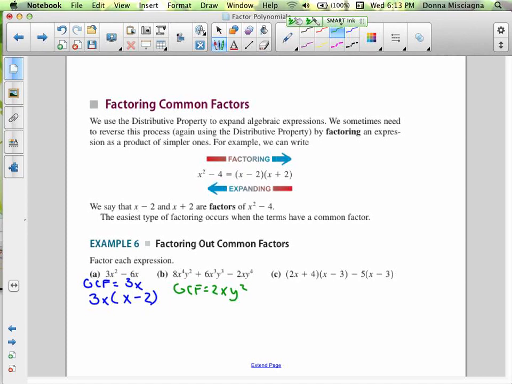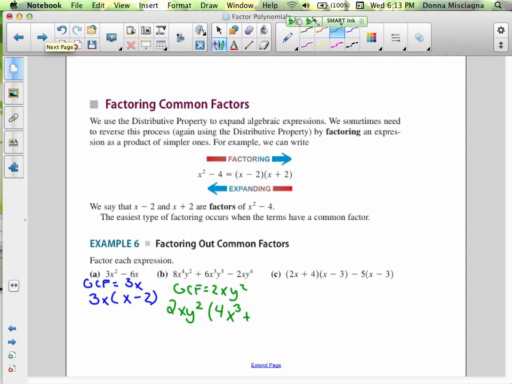So we're going to just factor out a 2xy squared, and divide everybody by 2xy squared. Well, 8 divided by 2 would be 4. x to the fourth divided by x is x cubed, right? We just subtract exponents. And y squared divided by y squared, well, that's just 1. So no more y squared.